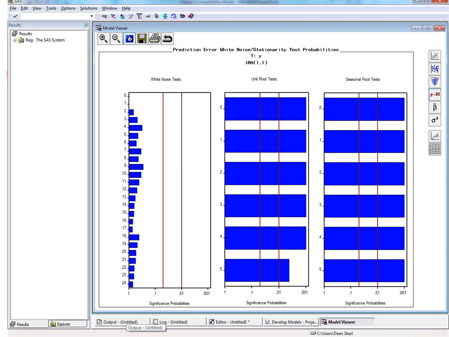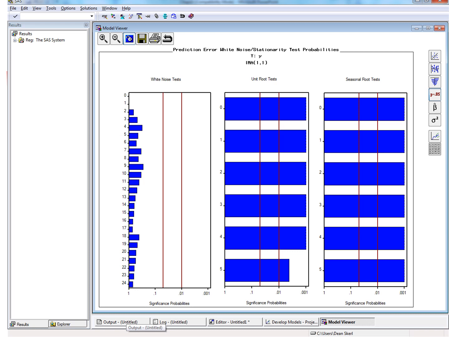The Ljung-Box test is what SAS is calling the white noise test. If you had this dashboard on your computer, you could mouse over any of those bars, but you can't do that here because this is a PowerPoint. It would tell you exactly what the p-value of that bar is.